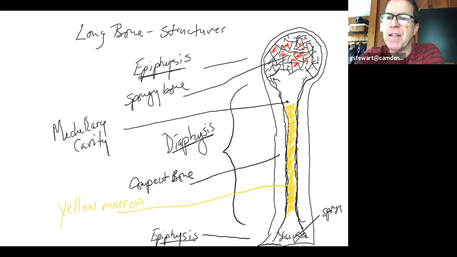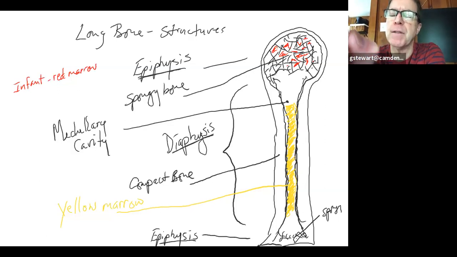In an infant, that medullary cavity is filled with red marrow. So over here, I'm just going to write infant. It's a place of blood cell synthesis, red marrow in, I'm just going to put med cavity.